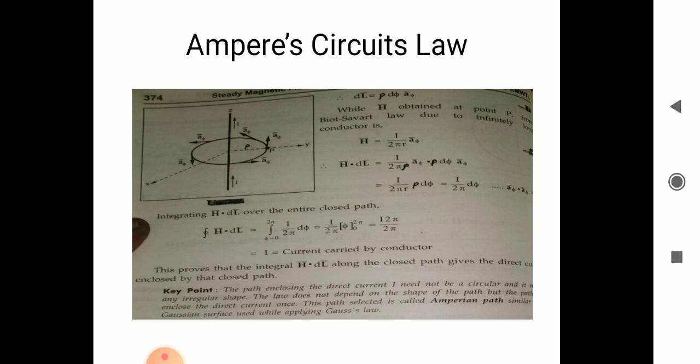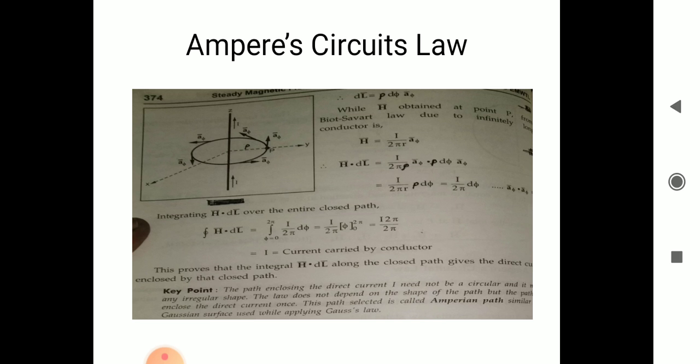The law does not depend on the shape of the path, but the path must enclose the direct current once. This path selected is called the Amperian path, similar to the Gaussian surface used while applying Gauss's law. I want to give you some steps on how to apply Ampere's circuital law.